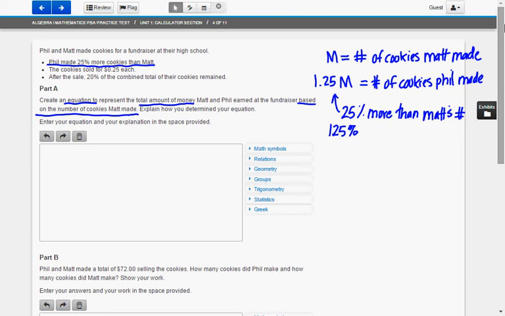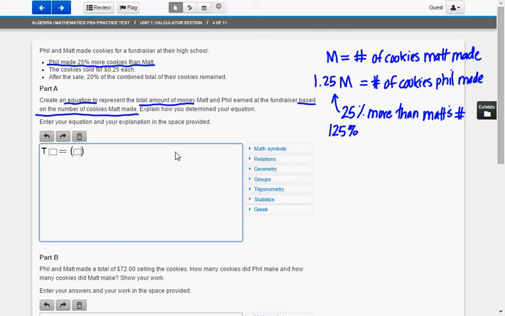So if I'm writing this equation, using those two expressions to represent how many cookies Matt made and how many cookies Phil made, I'm going to go into my text box and say that T, let's say the total money, equals, this is tricky, I'm going to get parentheses in here.